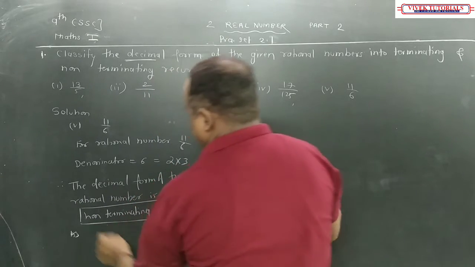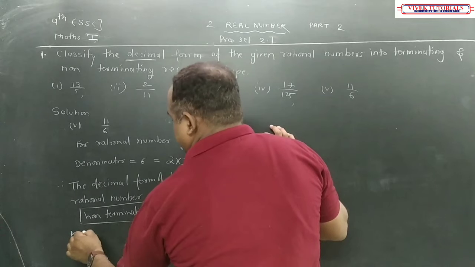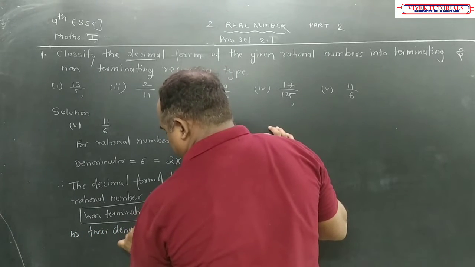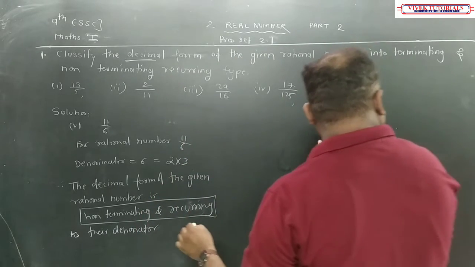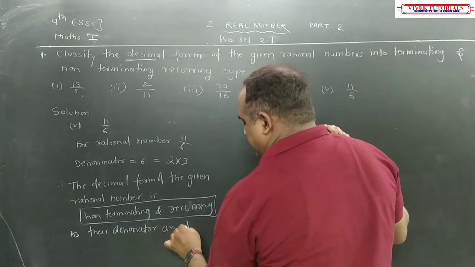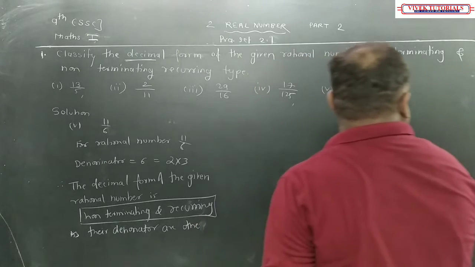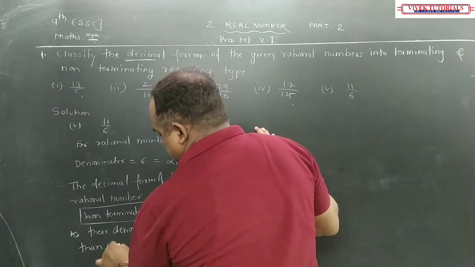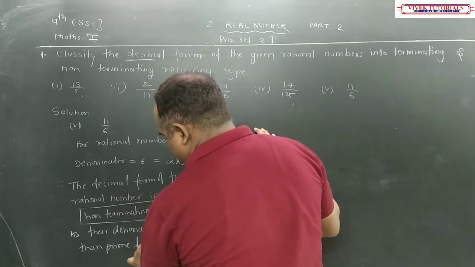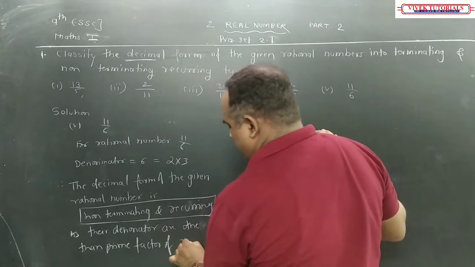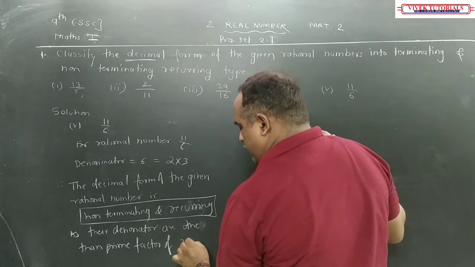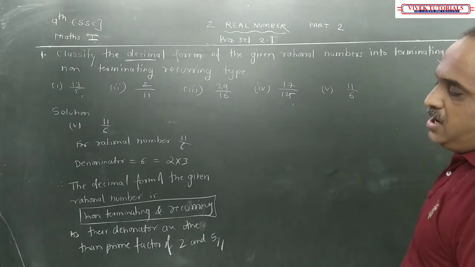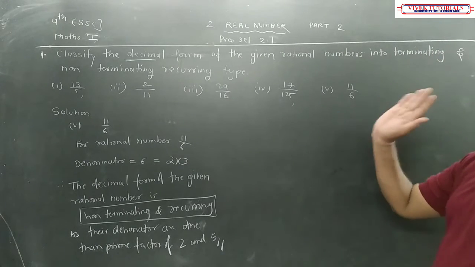As the denominator has prime factors other than 2 and 5, that's why it is non-terminating and recurring.